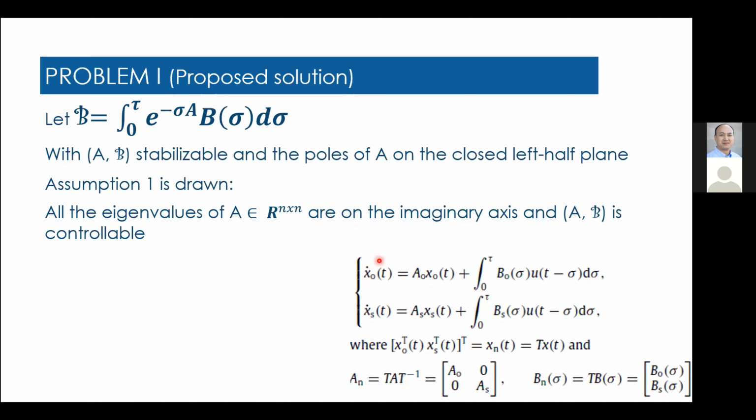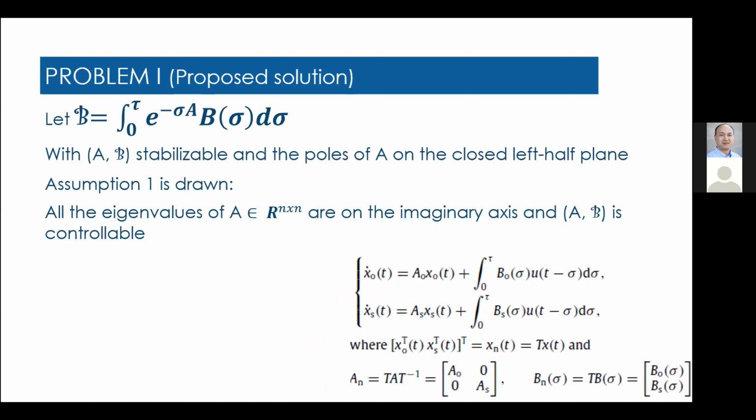Again, like we said, we're not gonna bother really with the proof here, but they essentially broke down the system like so, where A naught is asymptotically stable and A S is asymptotically stable and A naught has eigenvalues lying on the imaginary axis.